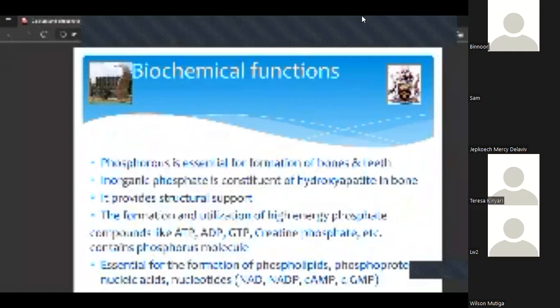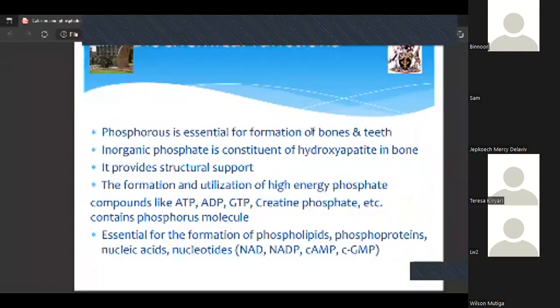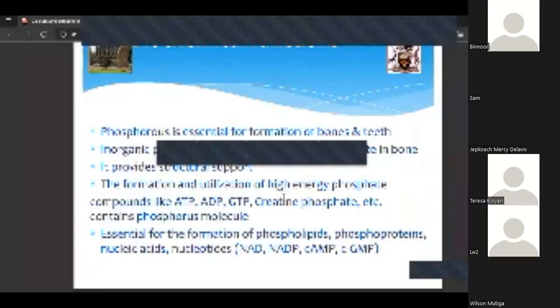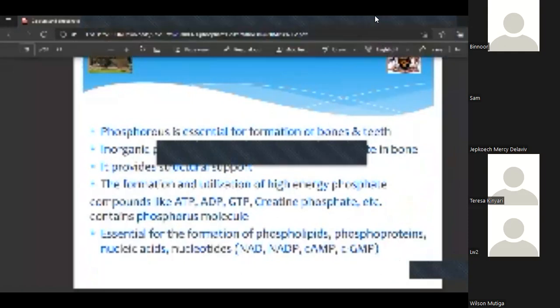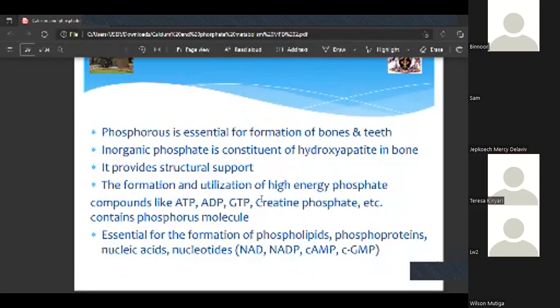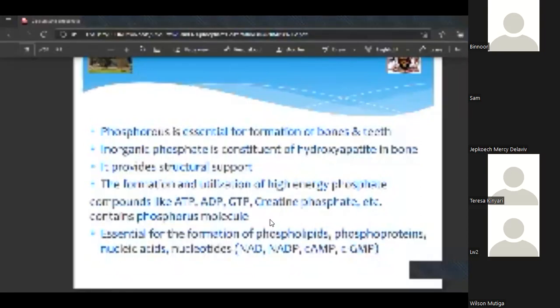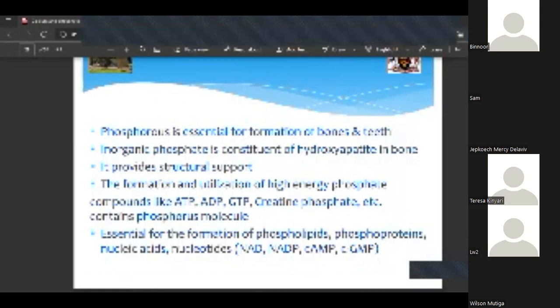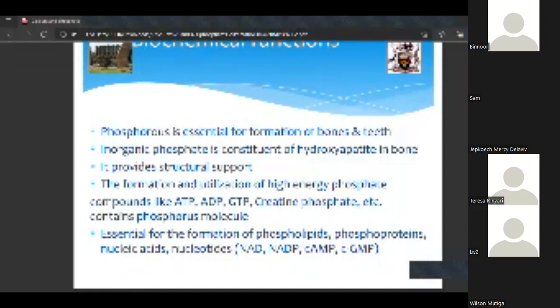And we know that high energy is important for ATP, ADP, and all the energy dependent processes. It's also important in the formation of phospholipids, phosphoproteins, nucleic acids, and nucleotides, which are important for most of our biochemical and metabolic actions. Phosphates are usually present in nucleotides, some of which function as coenzymes.